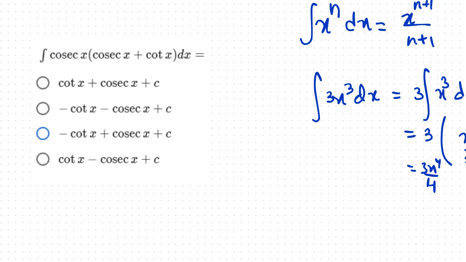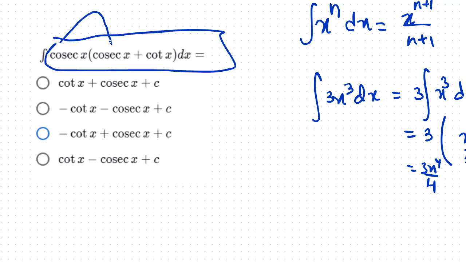This is okay. This cot is integration, not differentiation. First, cosec makes a cot formula. Integration of cosec is cot.